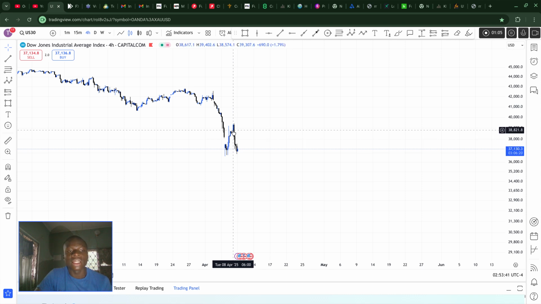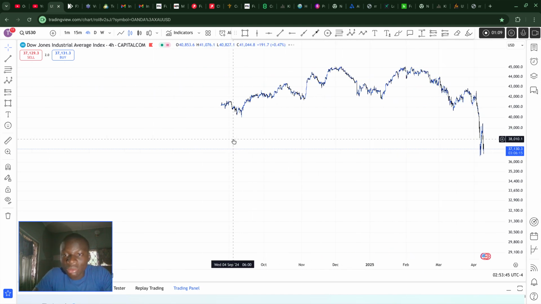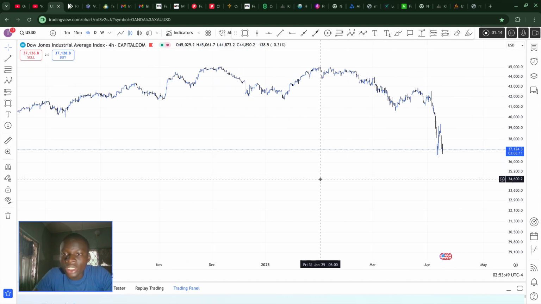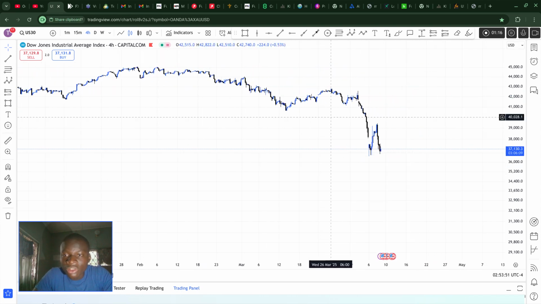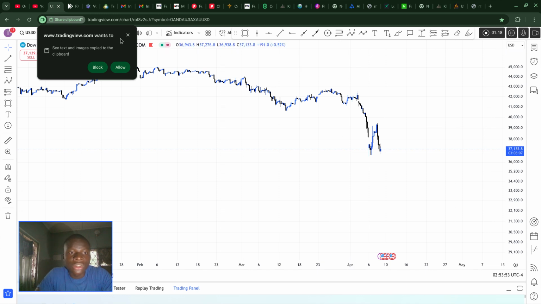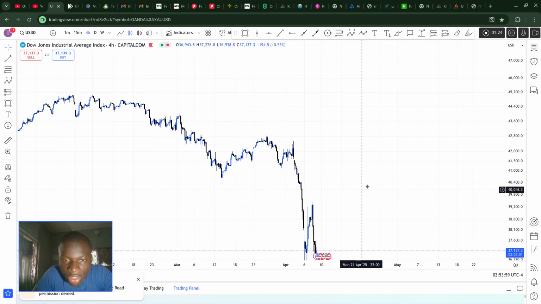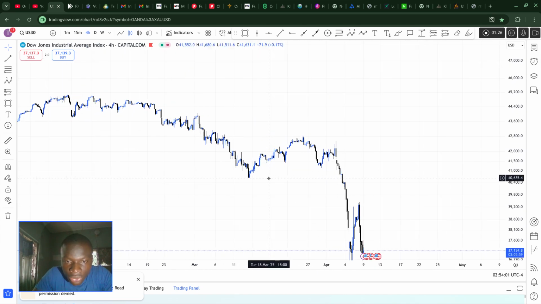As you know, we are already on the 4 hour downtrend, because starting from this point here we're already in a downtrend.